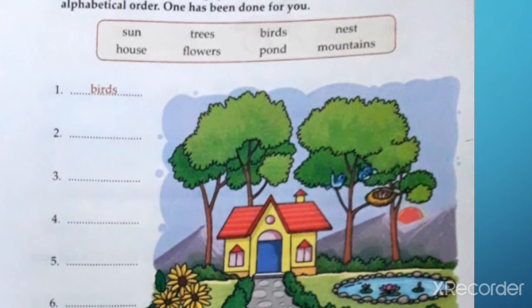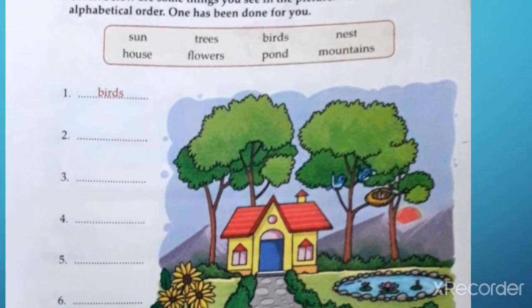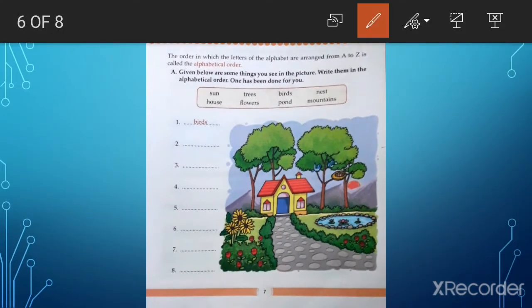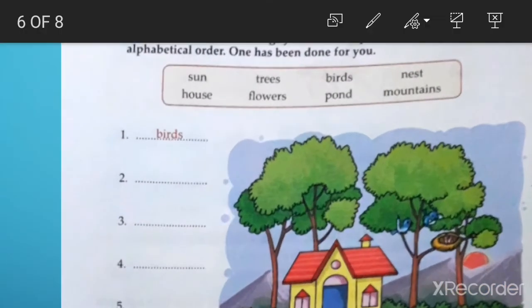So, to put these words in alphabetical order, first you have to look at the first letter of each word. Sun starts with S. Trees starts with T. Birds B. Nest N. House H. Flower F. Pond P. Mountain M.